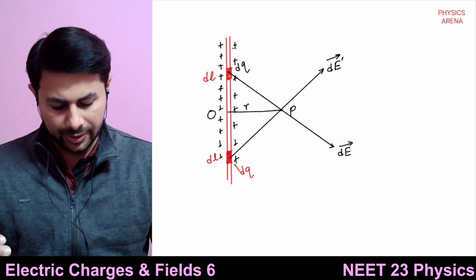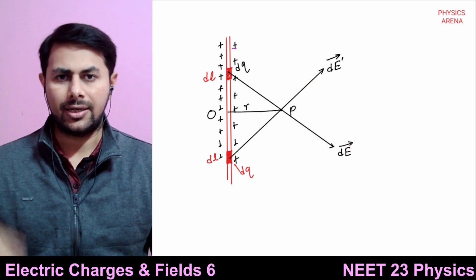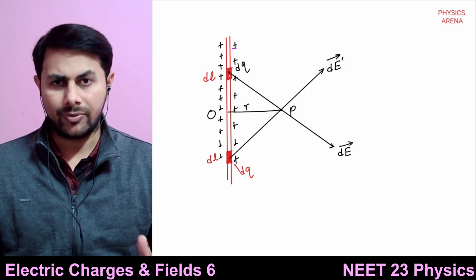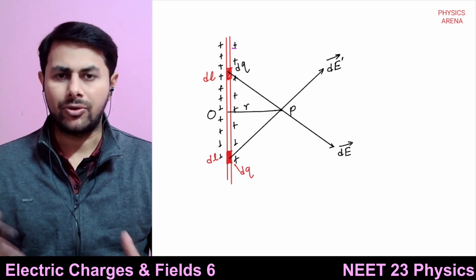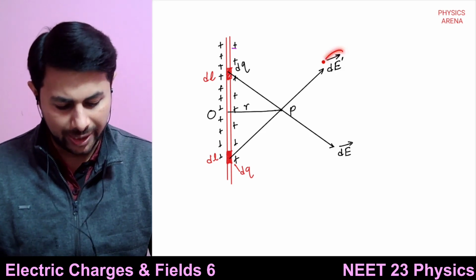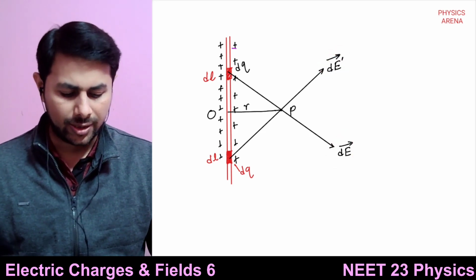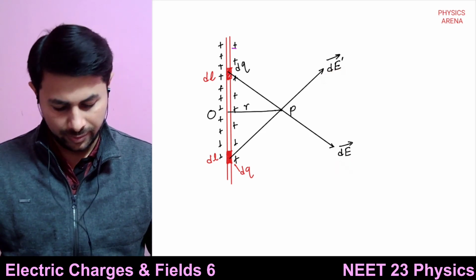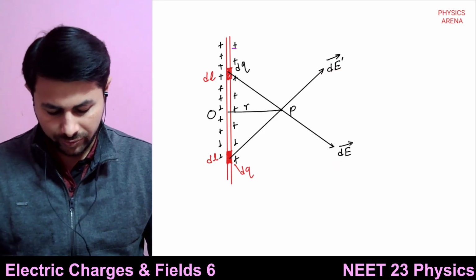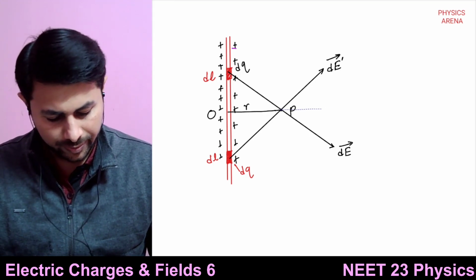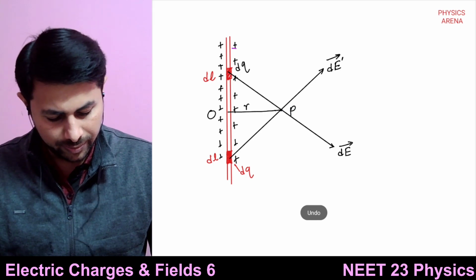If the lengths of these length elements are equal, then the electric fields due to them would be equal because the charges on them are equal, right? So dE bar dash and dE bar have the same magnitude. Now we can find out the resultant electric field due to these two.